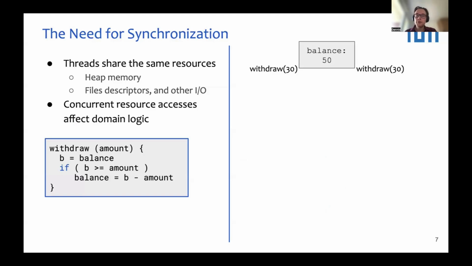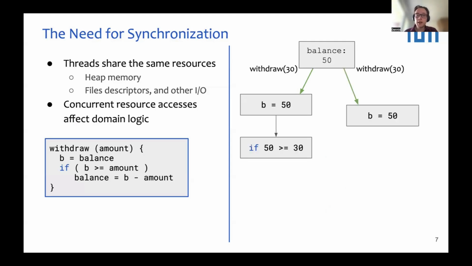But if we now look at a different interaction between these two threads, we could take a step on the left thread where we do the first instruction in a function where we take the global balance of 50, and we do the same on the second thread because that one now takes a step.